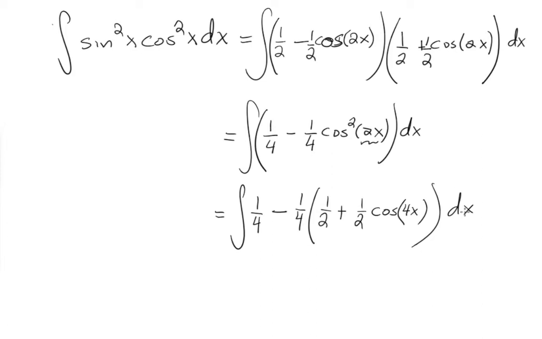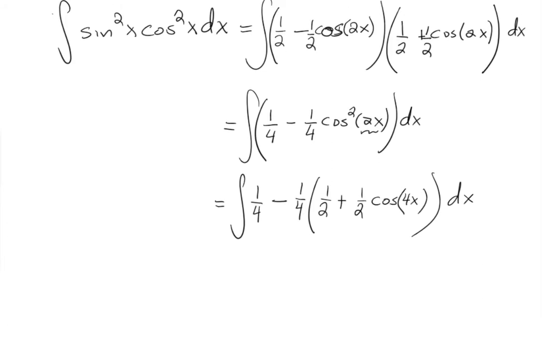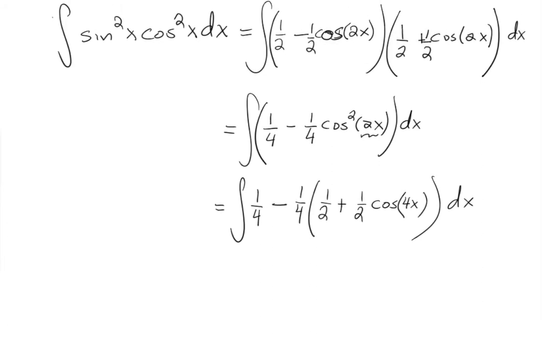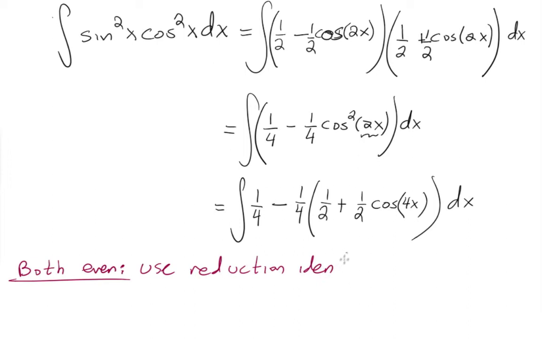Okay, so in summary, what do you do if they're both even? Either use a reduction identity if the exponents are small.